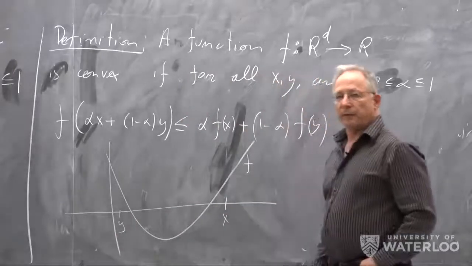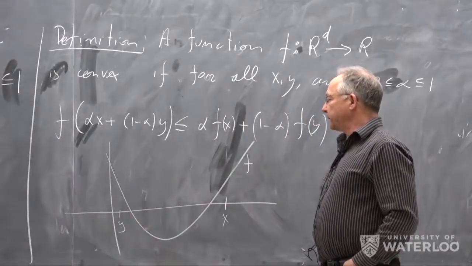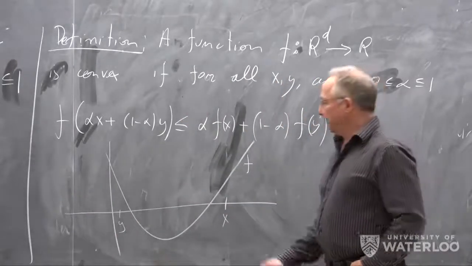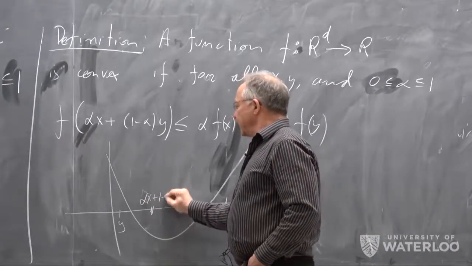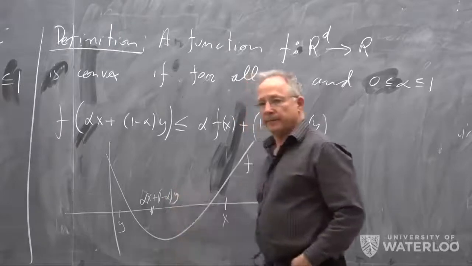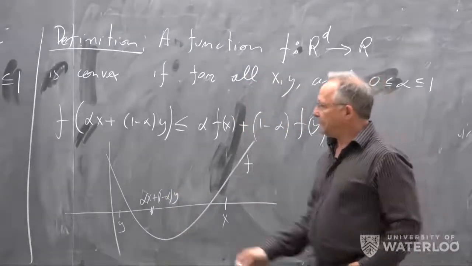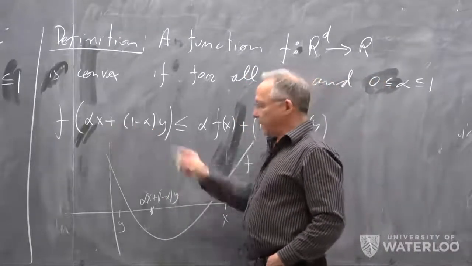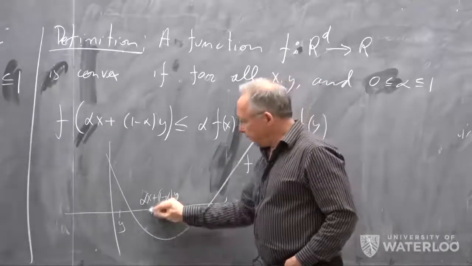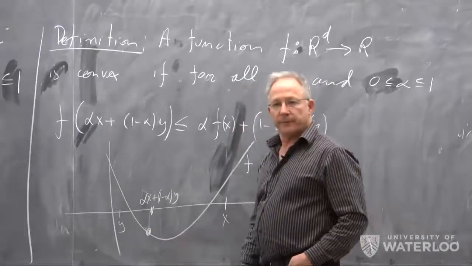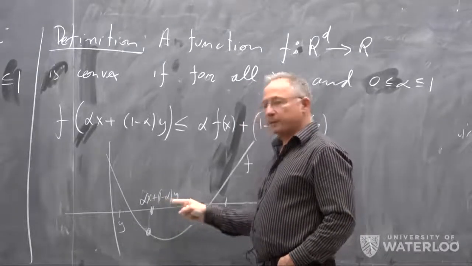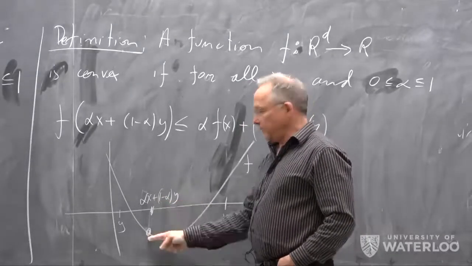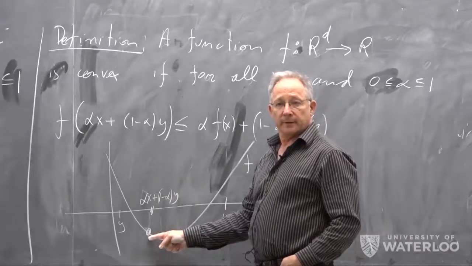What is the point alpha x plus 1 minus alpha y? It's some point here. What is f of alpha x plus 1 minus alpha y? I look at the point alpha x plus 1 minus alpha y and see where it hits the graph.